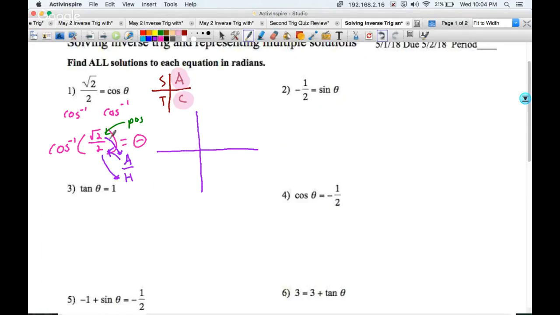Let's see, those side lengths clearly come from a 45, 45, 90 triangle, so I'm going to do my best to draw a 45, 45, 90 triangle going into these quadrants. So that adjacent length there is the square root of 2, and the hypotenuse is 2. This is the side lengths of a 45, 45, 90.